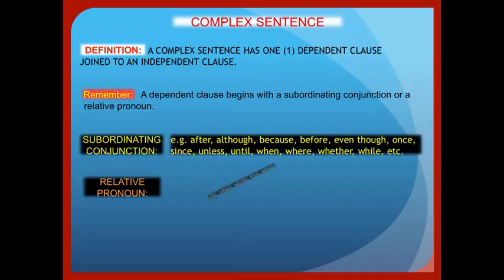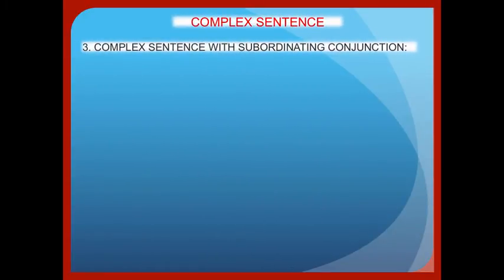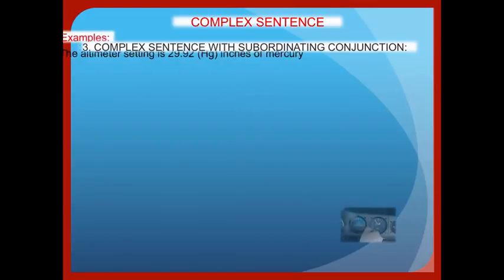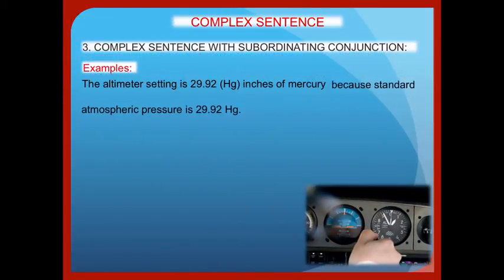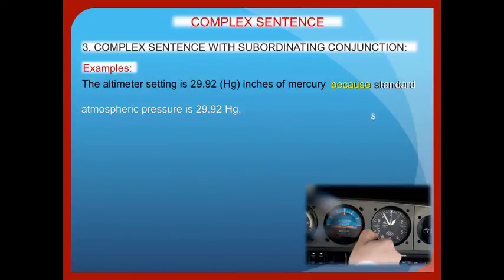Additional subordinating conjunctions are in your textbook or on the internet. An example of a complex sentence with a subordinating conjunction is, the altimeter setting is 29.92 inches of mercury because standard atmospheric pressure is 29.92.